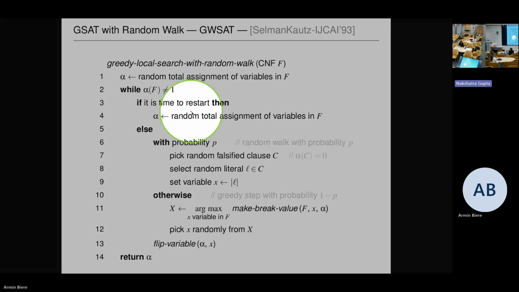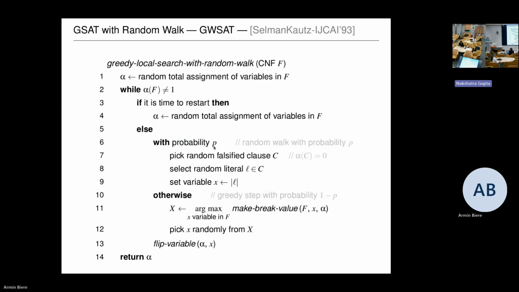So they suddenly have this fixed magic constant. Alex was yesterday talking about this magic constant. This is actually 0.5, so 50%. With this 50% probability, they would do the focused search we described before, where you simply pick a random falsified, unsatisfied clause, and then in that clause you pick an arbitrary literal and flip it.